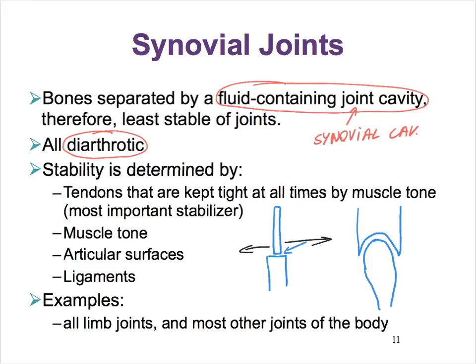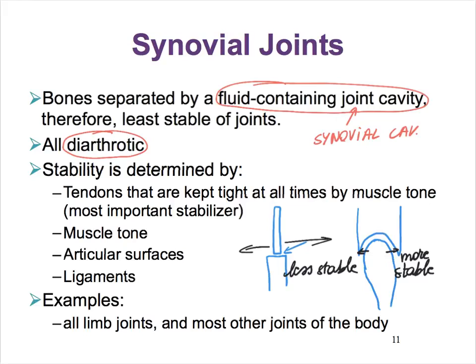So that head is not easily going to slip out of that joint because it's hugged by the cavity of the other bone. So this is stabler, or more stable, I should say. And this one is less stable. They're both synovial joints, but their articular surfaces differ, and therefore that's going to impact how stable they are.